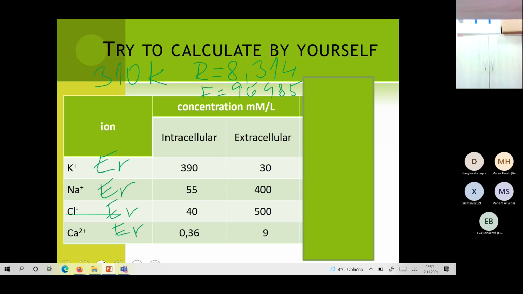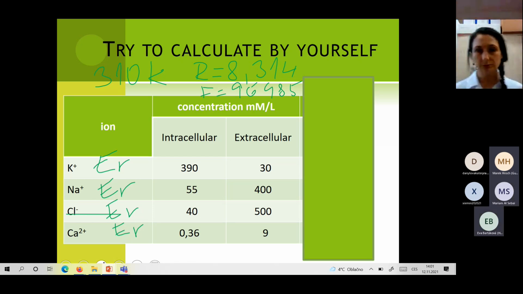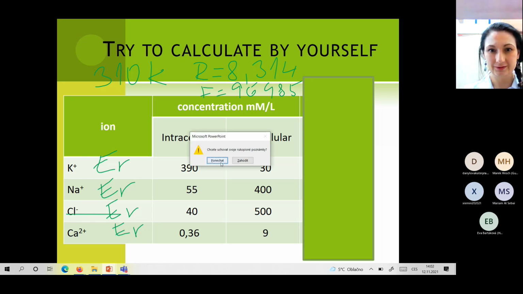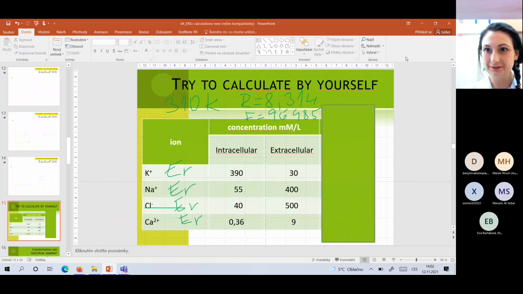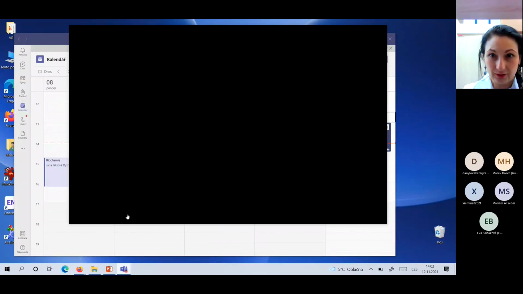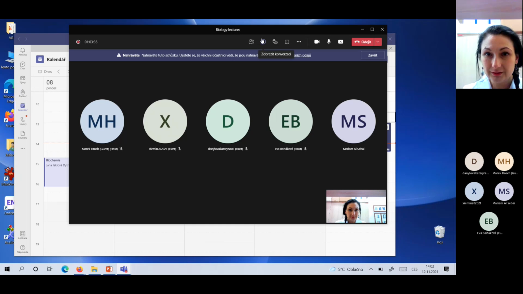Thanks. I don't have access to the chat. Where can I send it? If you have a problem finding the chat, just tell me. You have it? Yes. You can just wait, I will find it. I have a chat here.